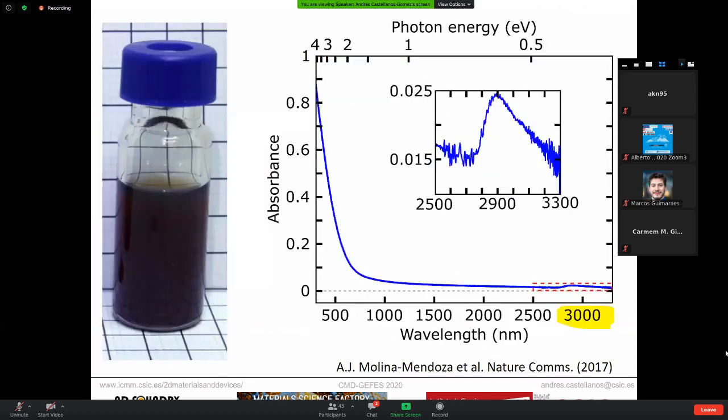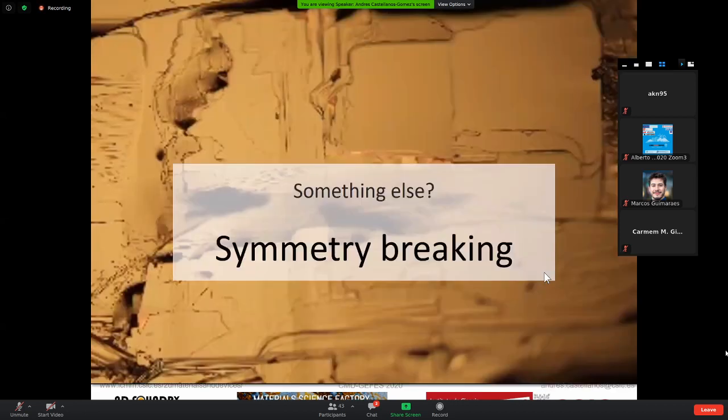And we have also done some liquid phase exfoliation in collaboration with Emilio Perez's group, and we have done UV-Vis absorption. And we have seen that the material has non-negligible absorbance up to 3,000 nanometers, 3 microns. Okay, so well in the infrared part of the spectrum. And we even see this little peak here that we believe is an exciton resonance in our system. All right.